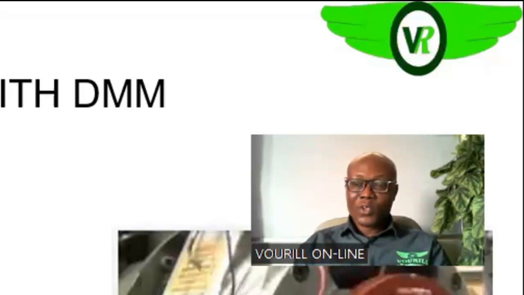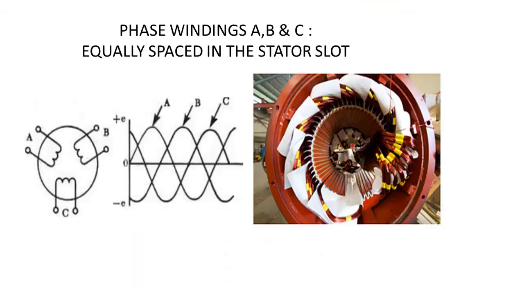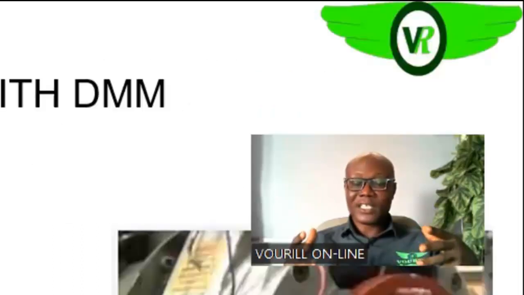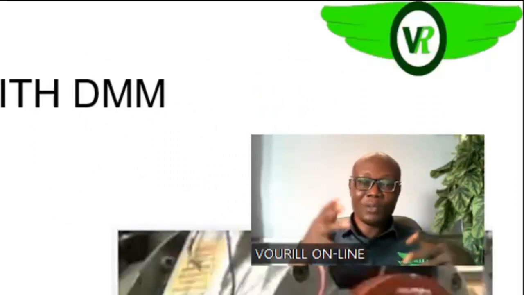Like the electric motor, the stator is wound into three phases. That is, we have three sets of winding on the stator, and these windings are equally placed on the stator slots, 360 degrees at 120 degrees apart. They are equally placed, that is 120 electrical degrees apart.